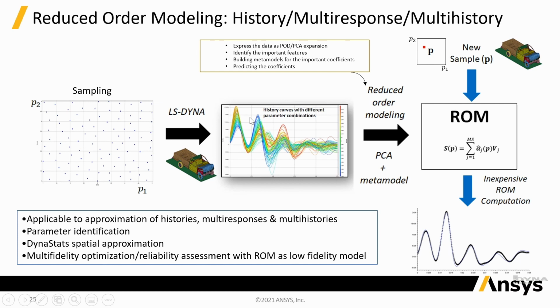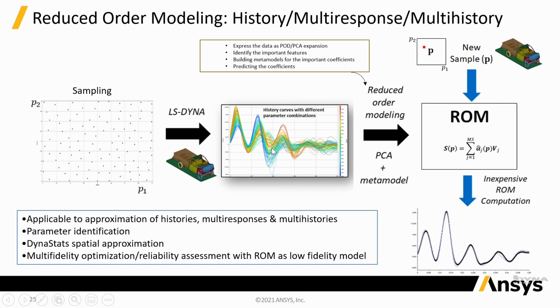Once we have those histories, or they can be multi-point responses as well, we build a reduced order model, which is based on PCA or proper orthogonal decomposition, as well as metamodels. So we get a reduced order model, which looks like this expansion basically.